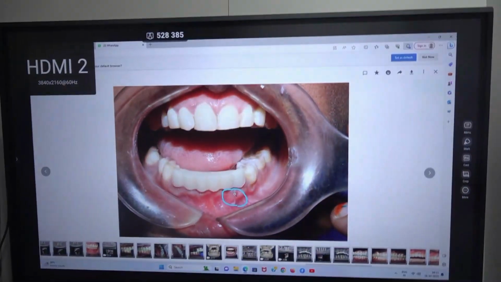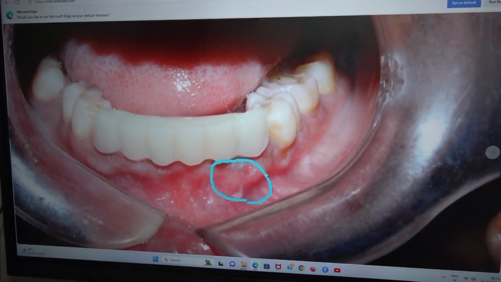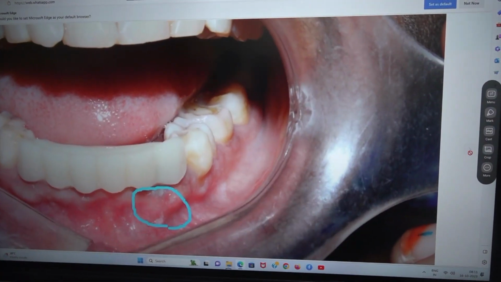First one, canine area. This is after we remove that. Another. Okay.